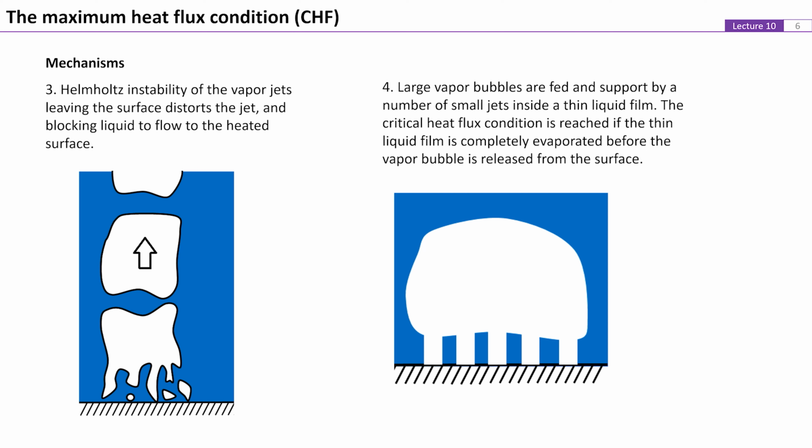The thickness of this liquid film is assumed to be thin enough so that it is stable. The bubble is therefore hovering over the heated surface with a thin layer of liquid and the vapor jets in between. The critical heat flux condition is reached when the liquid underneath this big bubble is completely evaporated before the bubble can escape from the surface.